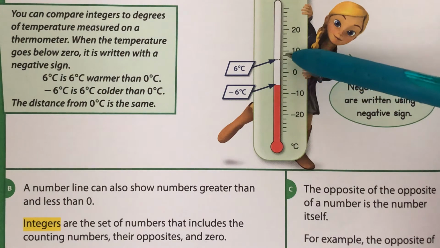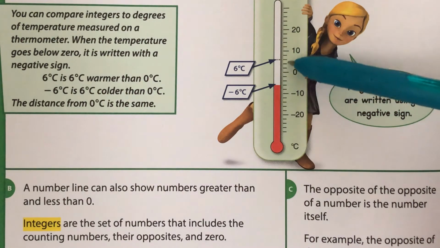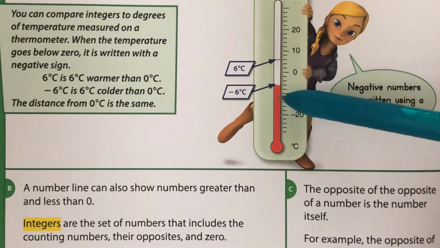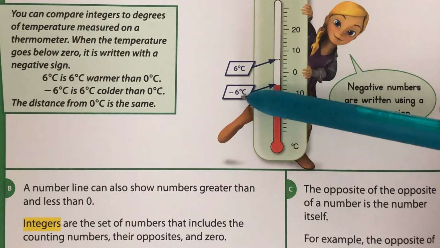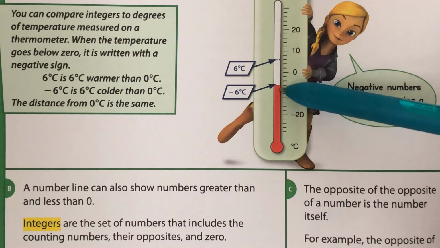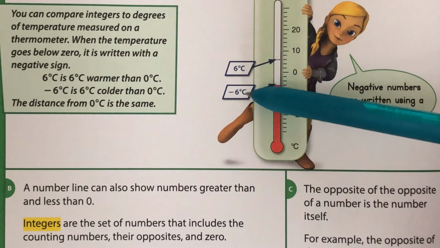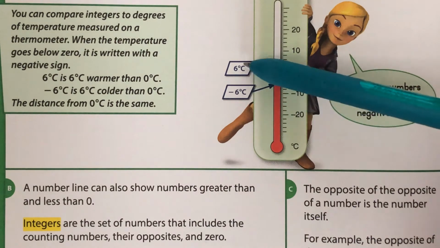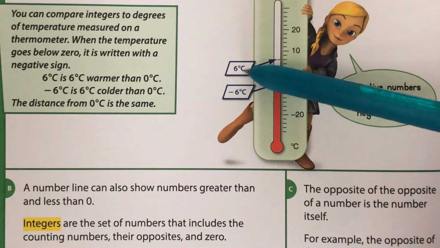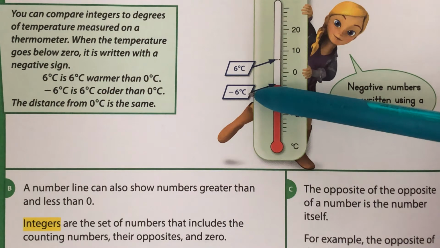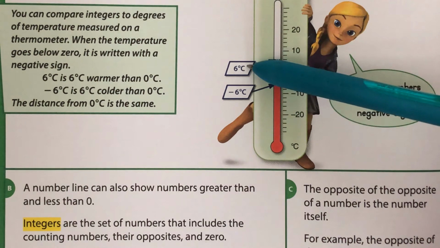You see 6 degrees Celsius is 6 away from 0. You also see negative 6 degrees Celsius is 6 away from 0. So 6 and negative 6 are opposites. 6's opposite is negative 6. Negative 6's opposite is 6.